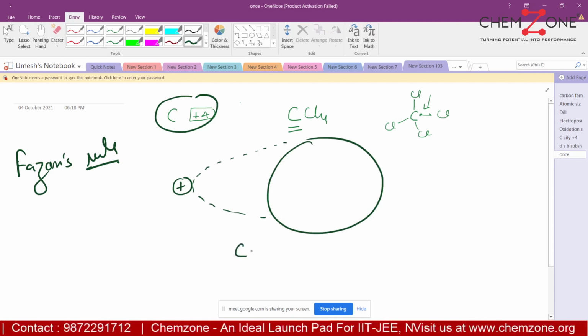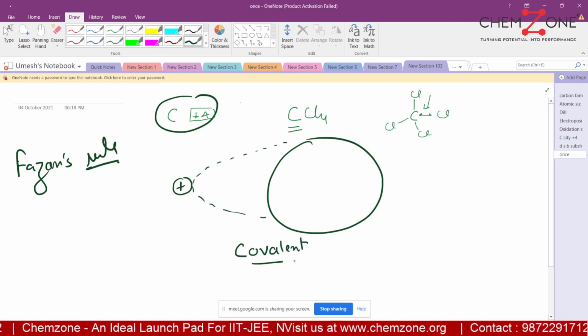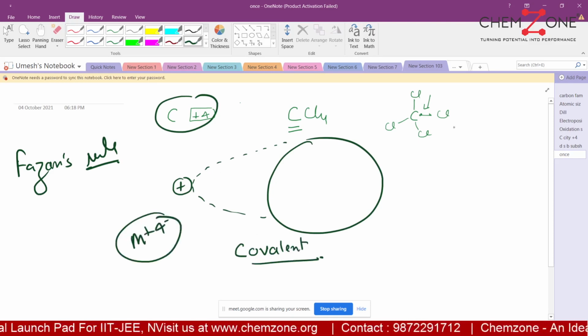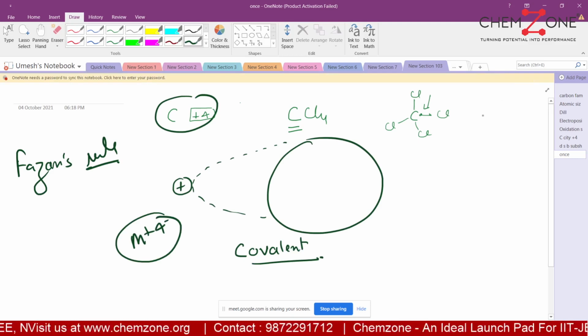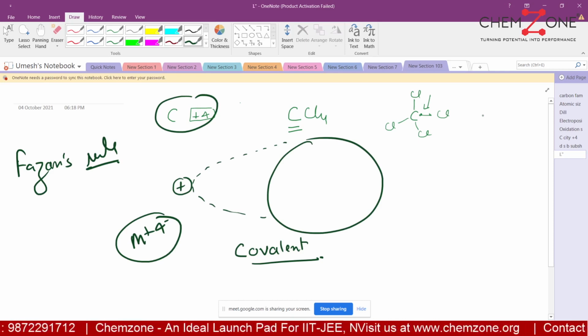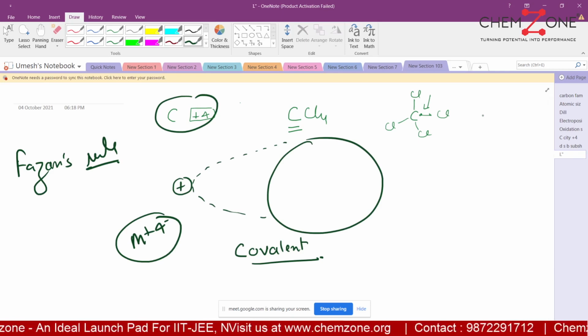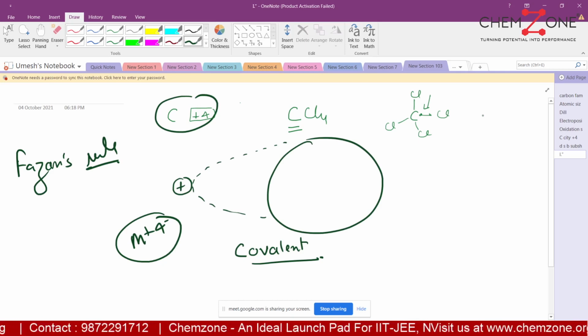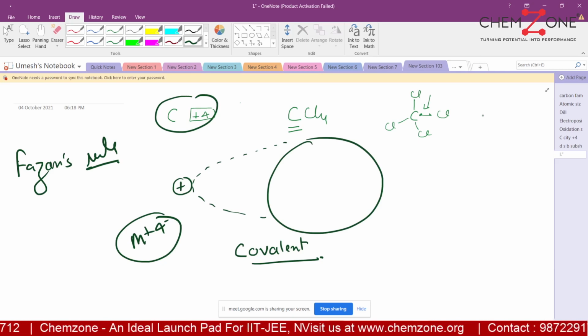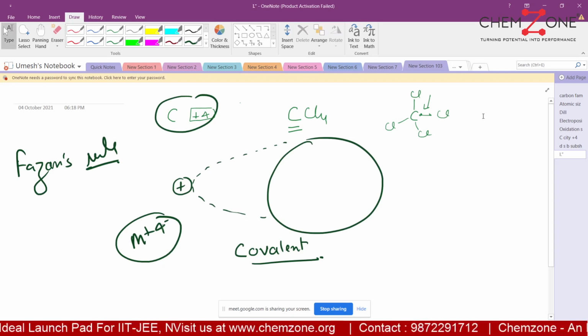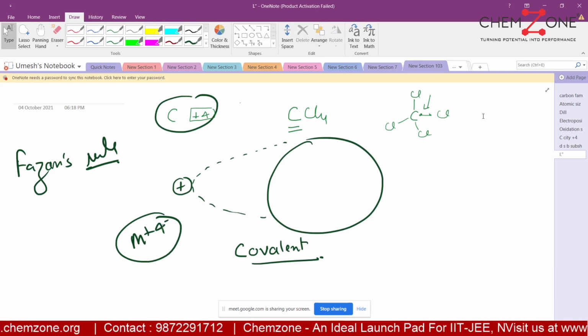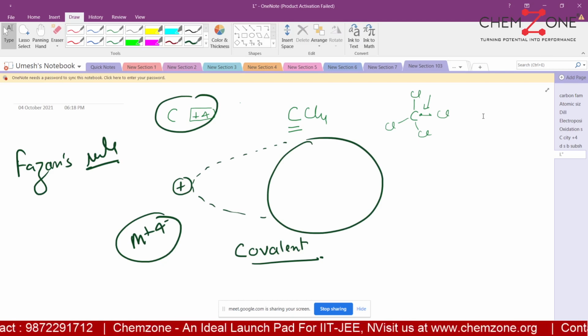Most of the elements in the carbon family in their +4 state form covalent compounds.